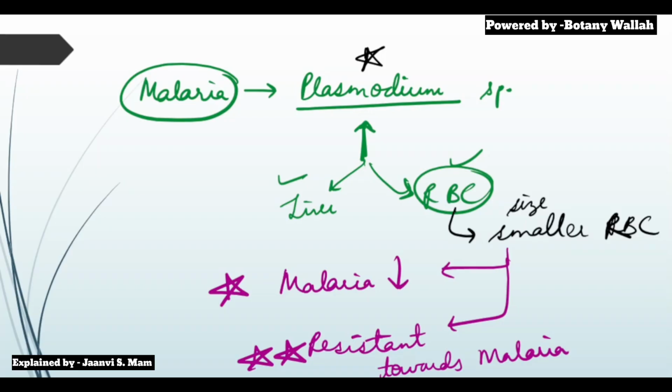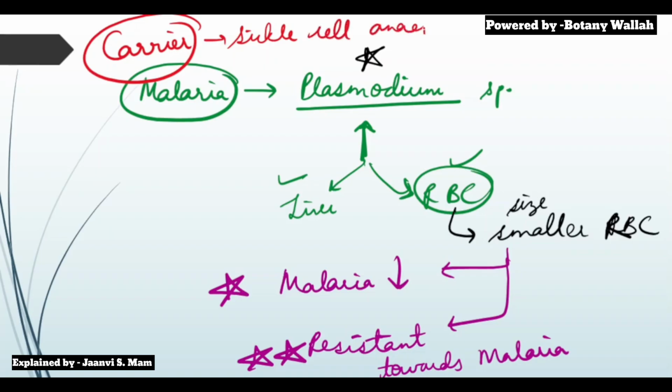So in the course of evolution, this is the condition which is happening. They are getting adapted. You can see the adaptation is at the gene level. So this is a helpful thing. You should know the benefit which the carrier of sickle cell anemia gets: resistance towards malaria.